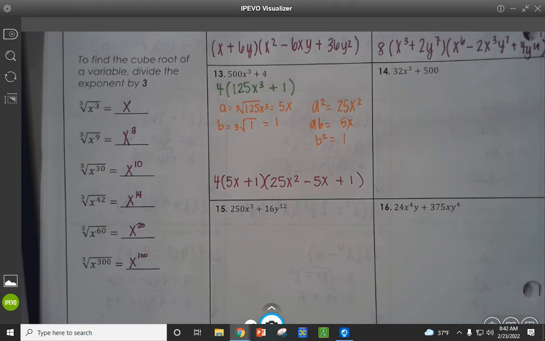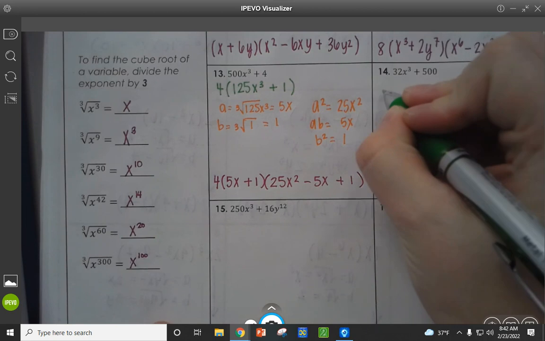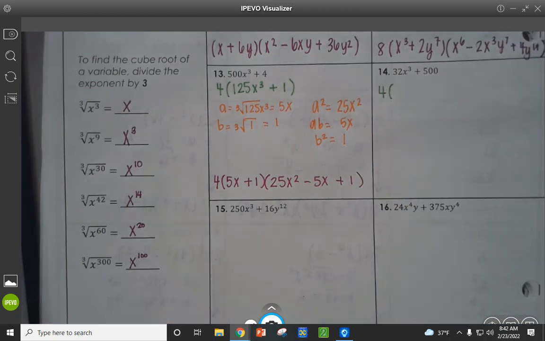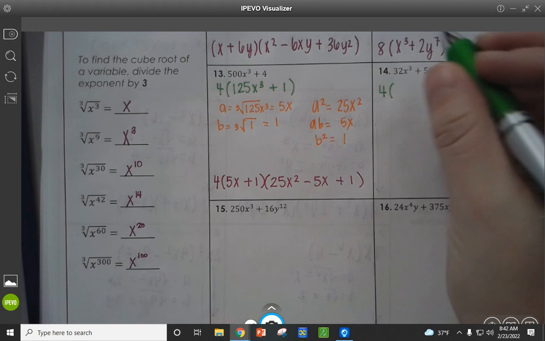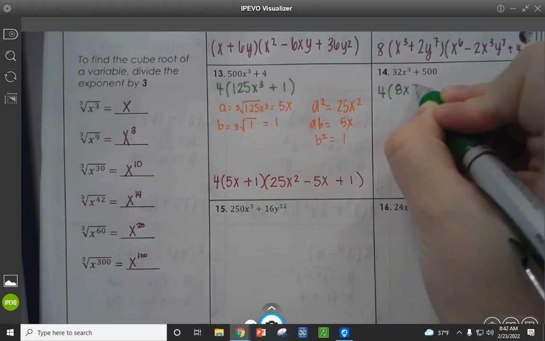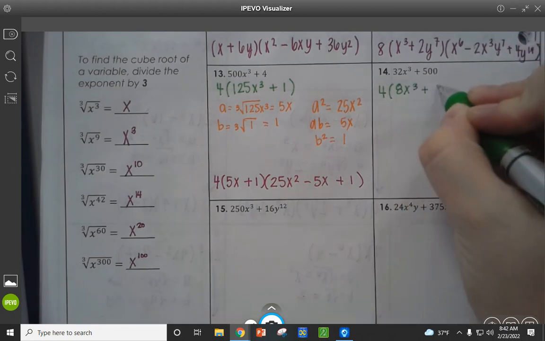Number 14, GCF. Does number 14 have a GCF? 4. Yep. We can divide all those by 4. Eight x cubed plus 125.